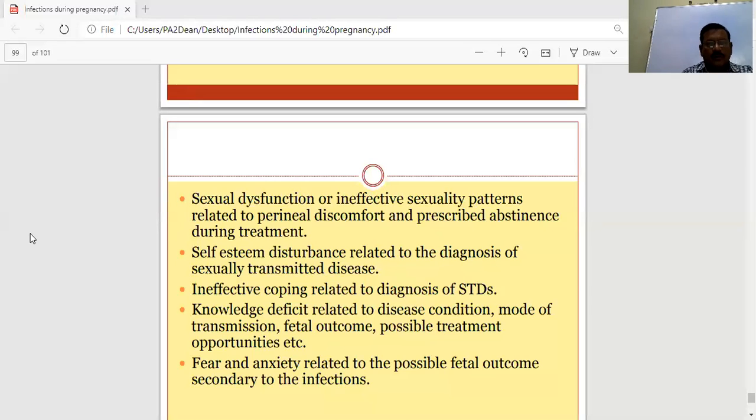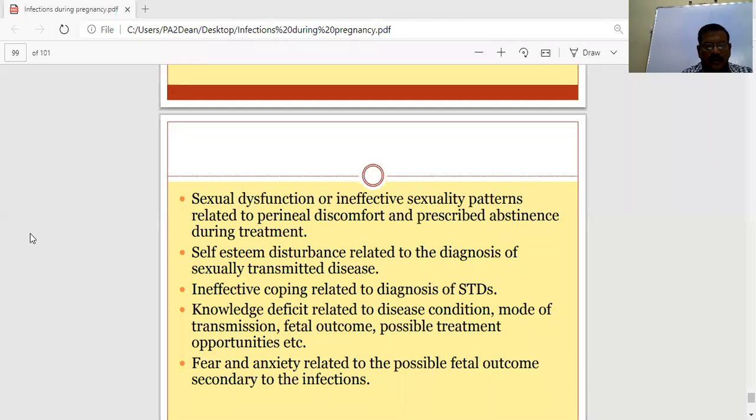Sexual dysfunction or altered sexual patterns related to perineal discomfort and prescribed abstinence during treatment. Self-esteem disturbance related to a diagnosis of sexually transmitted disease. Effective coping related to diagnosis of sexually transmitted diseases.